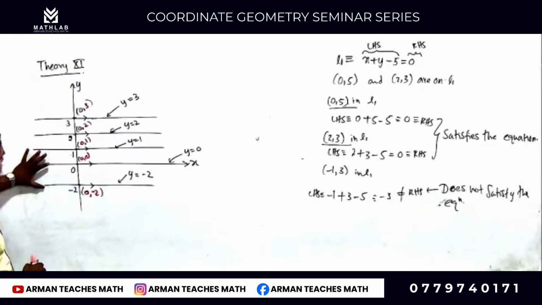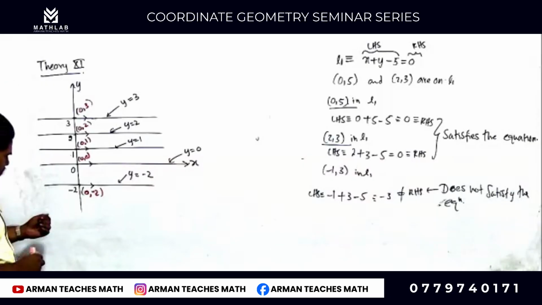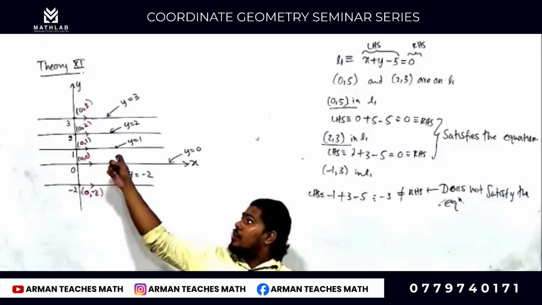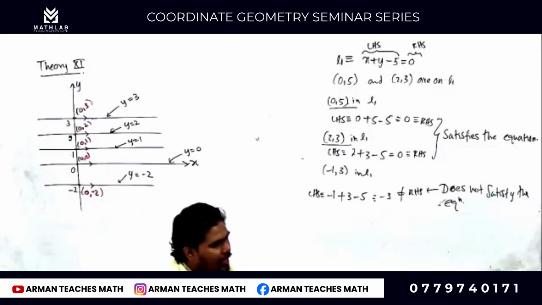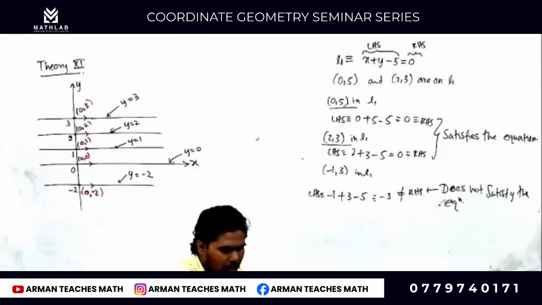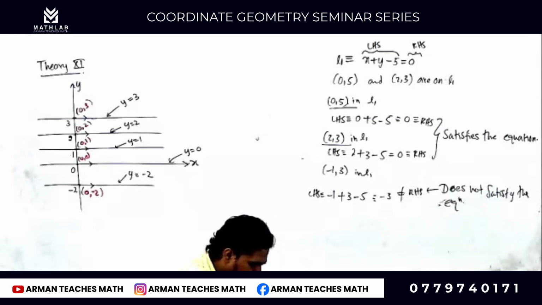Quickly draw this. Below this one, write: y equals 3 is the straight line that passes through (0, 3).